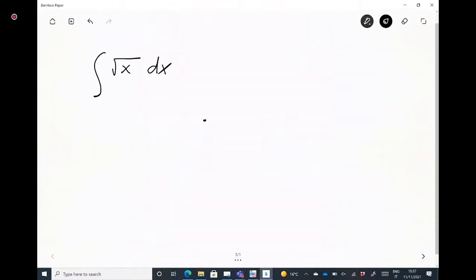So this is the integral of x to the power of 1/2 dx. If this is the derivative of something else, that something else was of the type x to the power of 3/2. Because when we take the derivative, we get x to the power of 1/2.